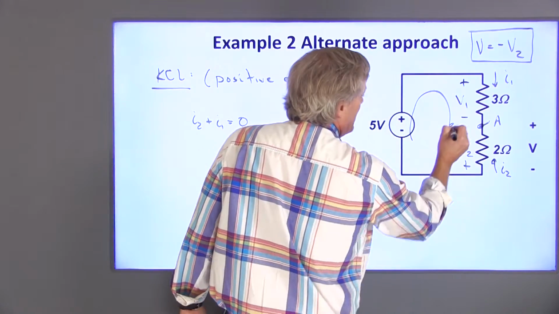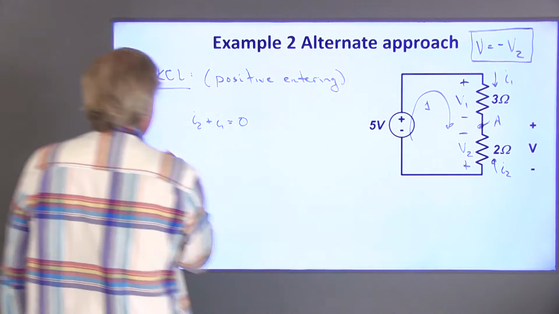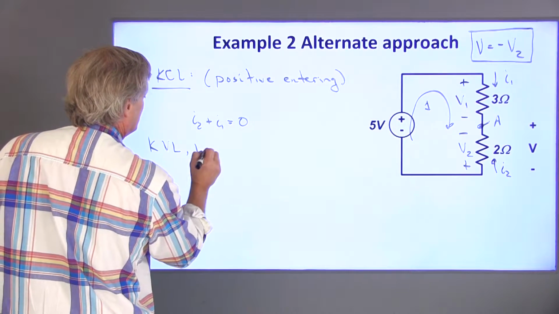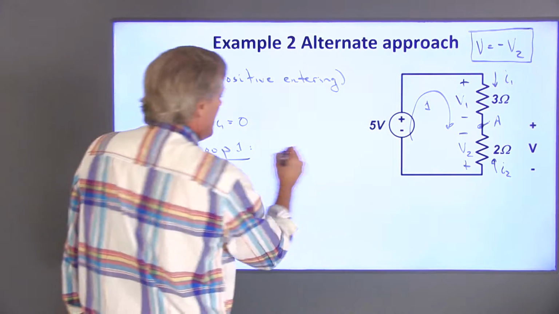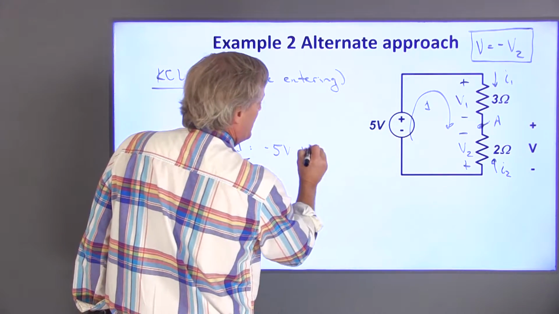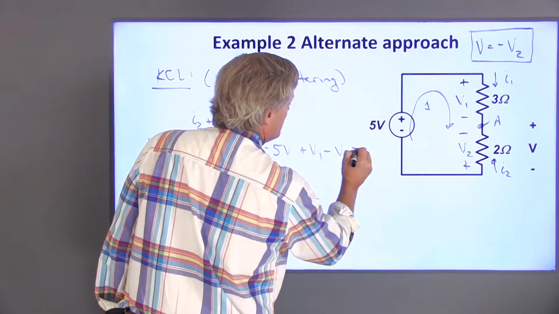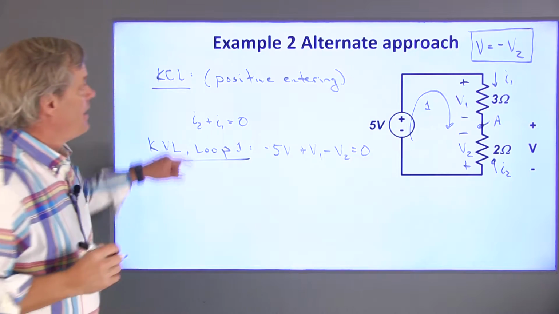Now if I do KVL around my loop again, I get negative 5 volts plus V1 minus V2 is equal to 0.